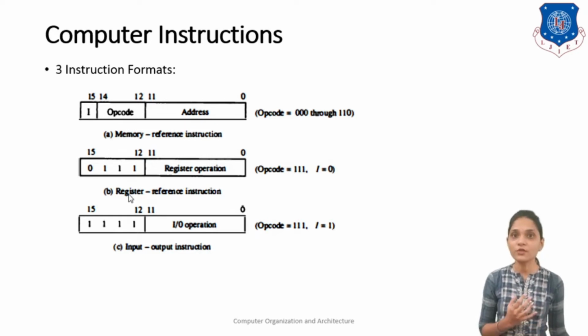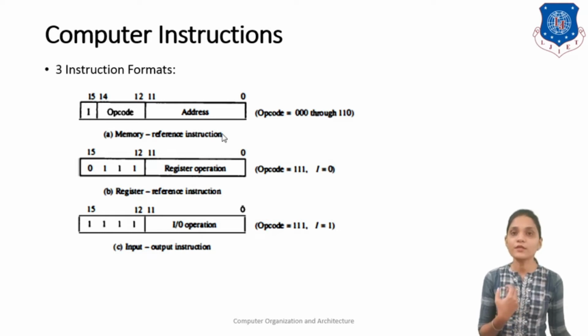For the rest of the types, like register reference instruction or IO reference instruction, these 4 bits will represent your operation code. But for your memory reference instruction, these 3 bits, 12, 13 and 14, will represent your operation code, and the 15th bit will represent your I bit, that is, whether you have used direct addressing or indirect addressing.